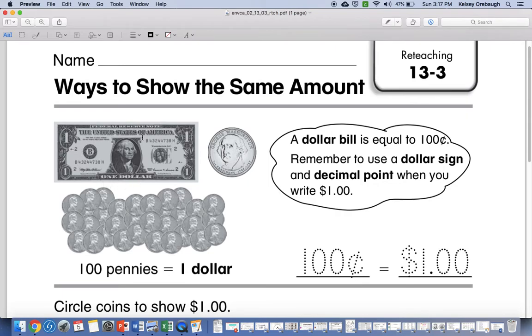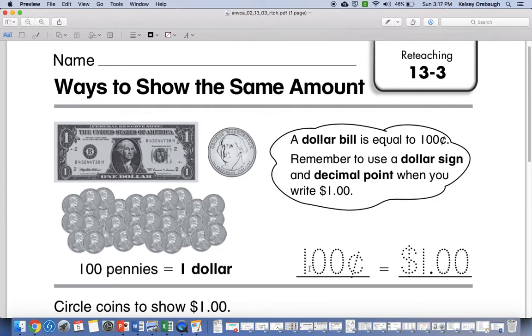We have a dollar bill, we have a dollar coin, which would be gold in real life, and we have 100 pennies. Remember, 1 penny is worth 1 cent, so if you wanted to have a dollar's worth of pennies, you would need 100. 100 pennies is 100 cents, which is the same as $1.